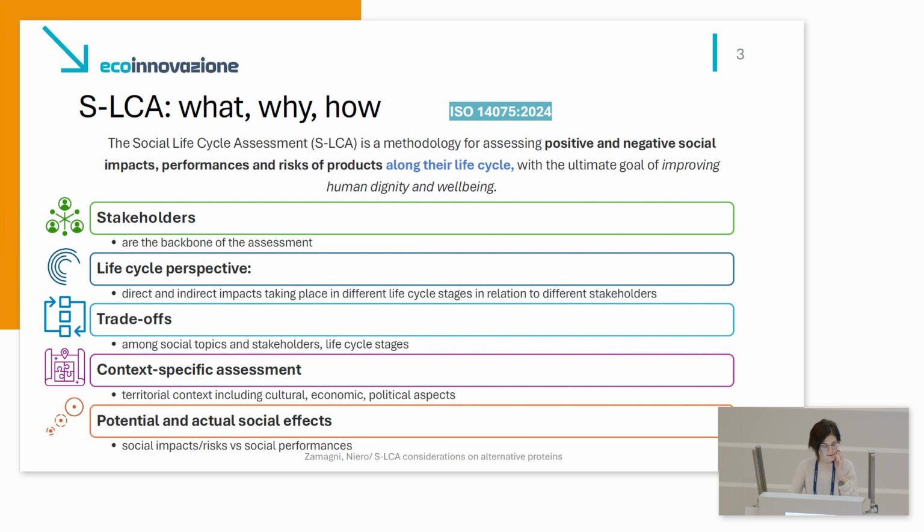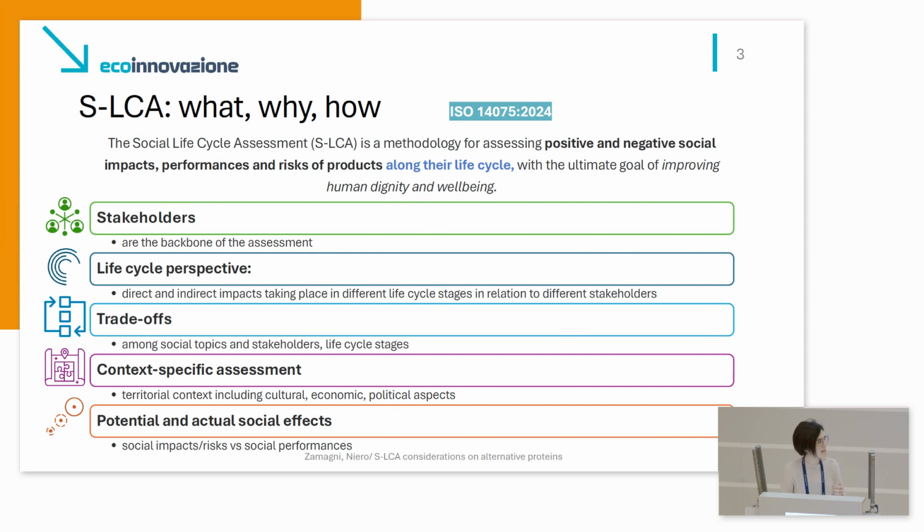As you can see here, I've tried to summarize the main characteristics of the methodology, just to understand also the main differences compared to techniques and approaches you might be more familiar with, and you will see there are several similarities. First of all, social LCA is strongly rooted in the concept of stakeholders.